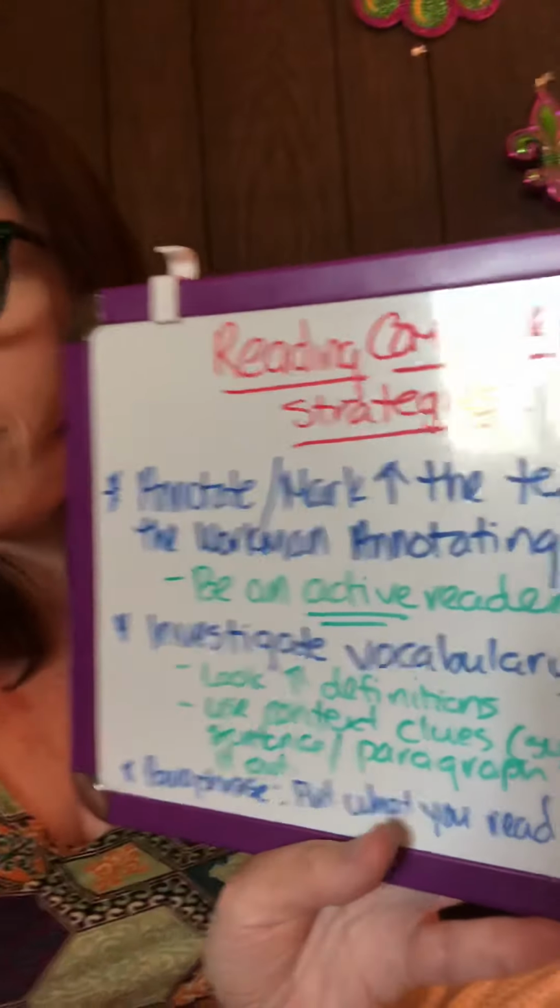Investigate vocabulary. That can be done in a couple different ways. So you can investigate vocabulary by actually looking up the definitions to words, to unfamiliar words, and defining them in the text where they appear. And then a great thing to do is to then, in the margins, try and use the word yourself in a sentence so that you can practice the actual usage of the word.